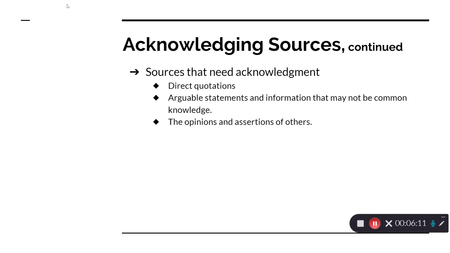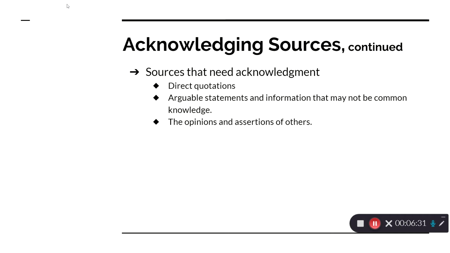Opinions and assertions of others. A lot of times, especially in our secondary sources, we're going to find that we have to reference the opinion of someone else or the assertion of someone else, something that they've discovered, and we need to give them acknowledgement, even if it's something we agree with, like, oh, I thought of that too.